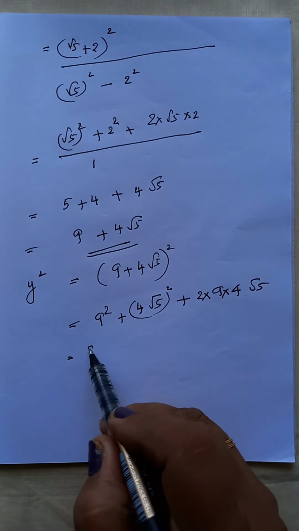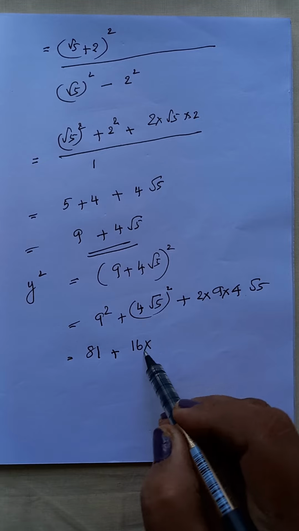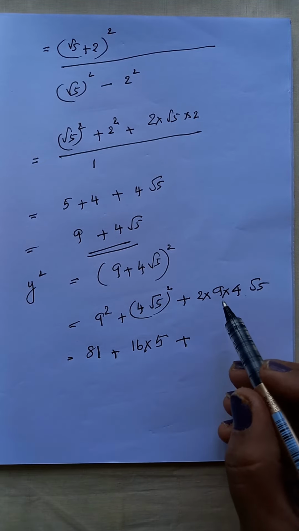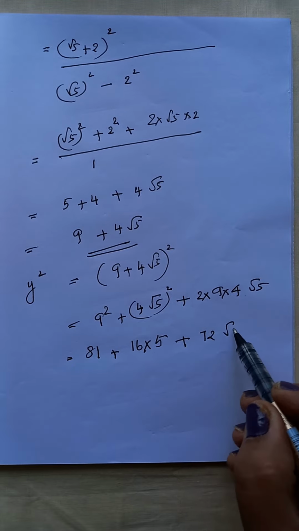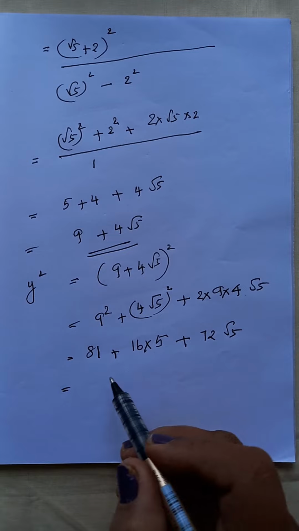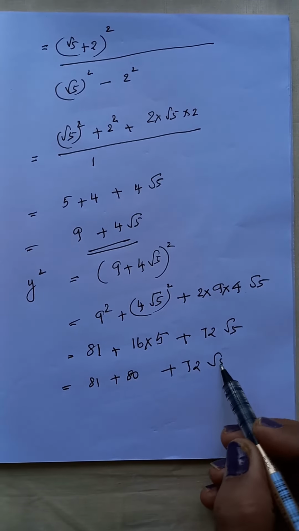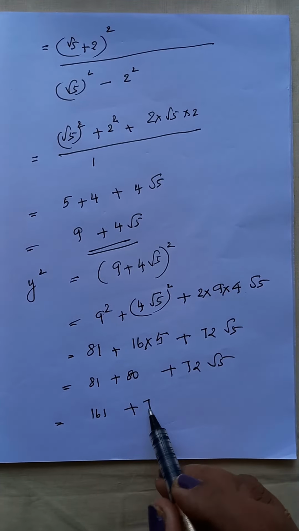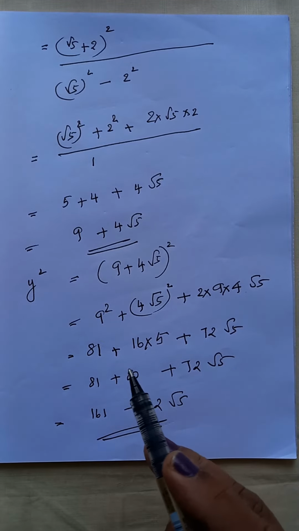That is equal to 81 plus 4 square is 16 into root 5 square is 5, plus 2 into 9, that is 18, 18 into 4, 72 root 5. This is equal to 81 plus 80 plus 72 root 5, that is equal to 161 plus 72 root 5. This is the answer to the second sub-question.